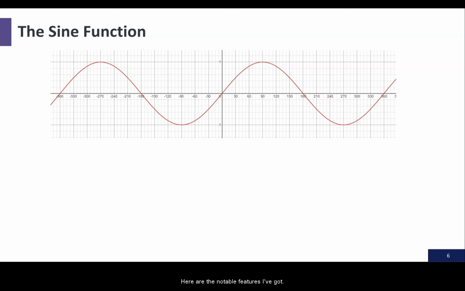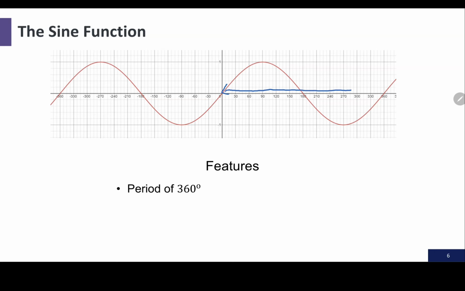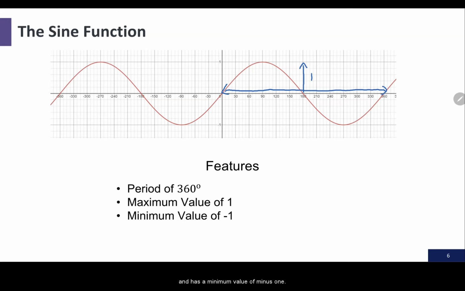Here are the notable features that I've got. The graph has a period of 360. You can see that it repeats itself every 360 degrees. It has a maximum value of 1, sometimes called the amplitude, and has a minimum value of -1.